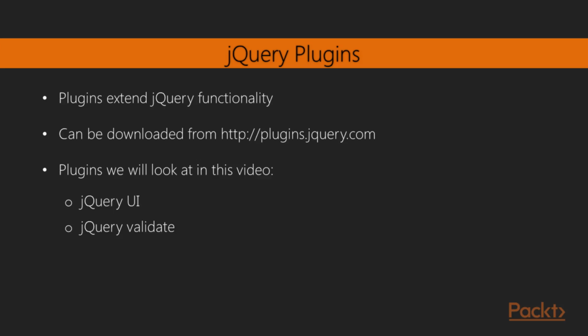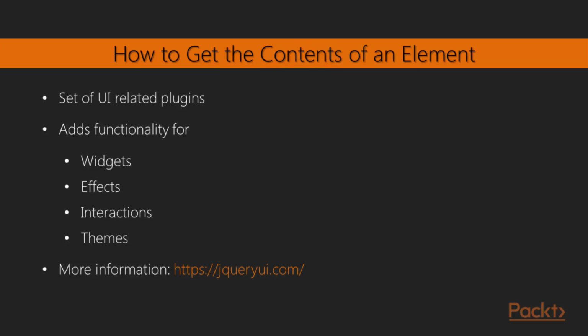In this video, we will talk about the jQuery UI plugin, and we will actually use the jQuery Validate plugin to validate user input on a form. So let's go ahead and talk about jQuery UI. It's a set of UI related plugins.